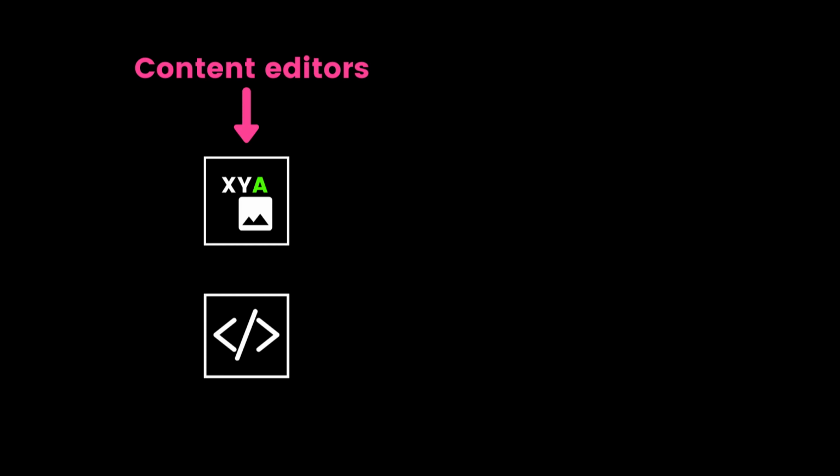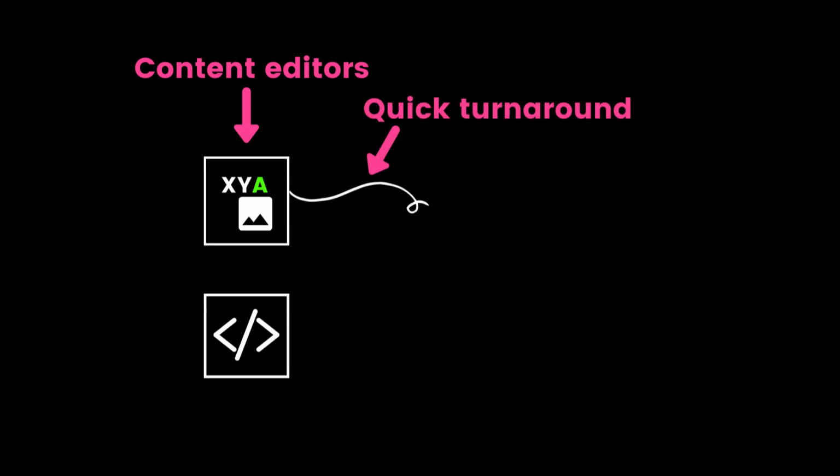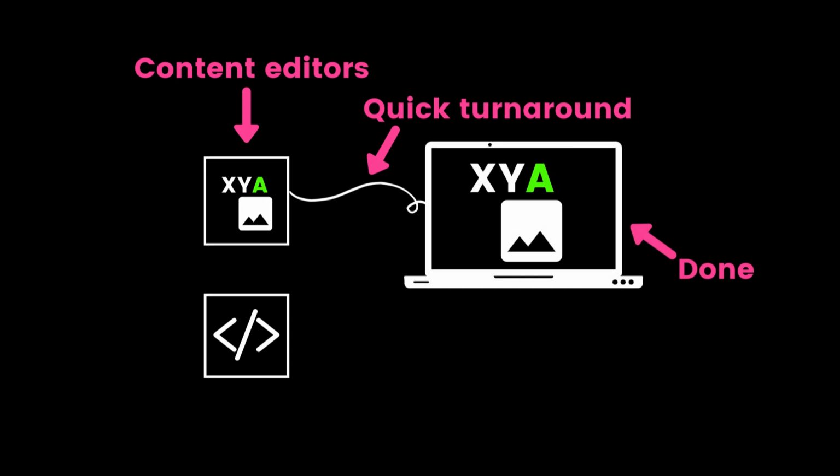Now, this portal is different to what developers use to make their code changes. Once the content editors make content changes to your site, within minutes this content will get updated on the live site and your changes will be done.